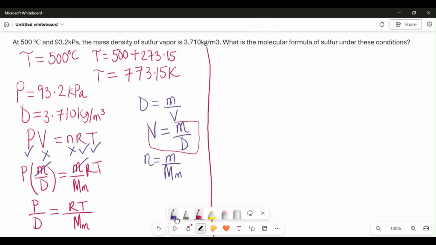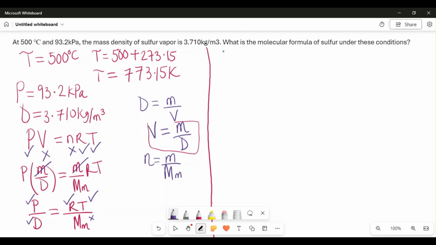Now, if we look at the question, we see that we've got the pressure, we've got the density, we know the gas constant, and we've got temperature, but we don't have molar mass, which works for us because we have five parameters in total. We have four known parameters and one unknown, meaning we're going to be solving for the molar mass MM.